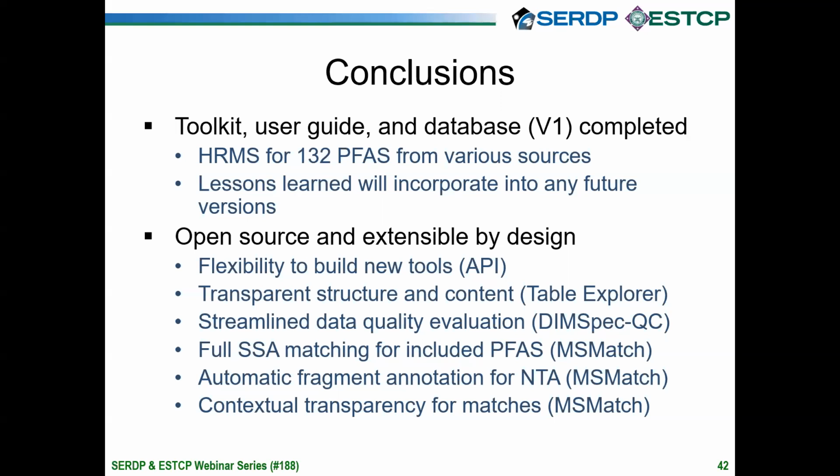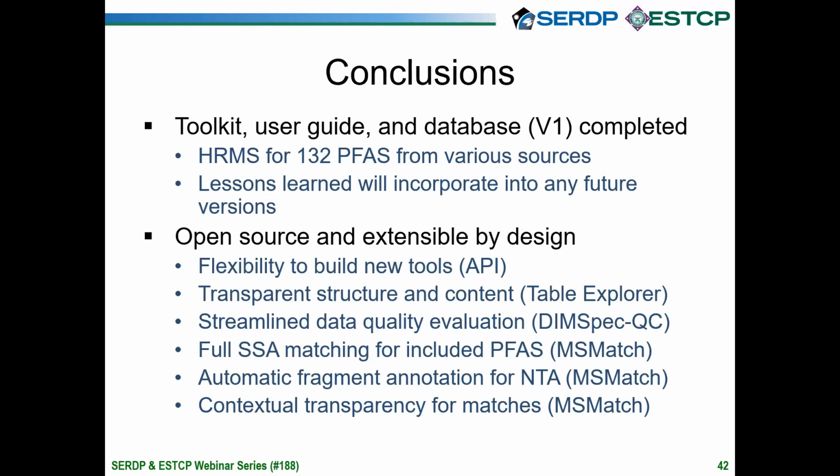This is all open source by design, as I mentioned, to support extension and serve as a supplement, not a replacement, to existing workflows. Interactive documentation in the API should help data managers and programmers to build on top of it, and MS-Match is more of a bench-top tool for spectral matching and fragment annotations.